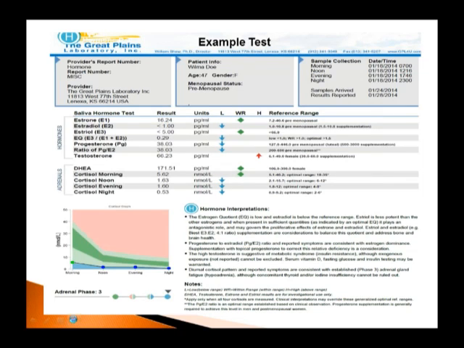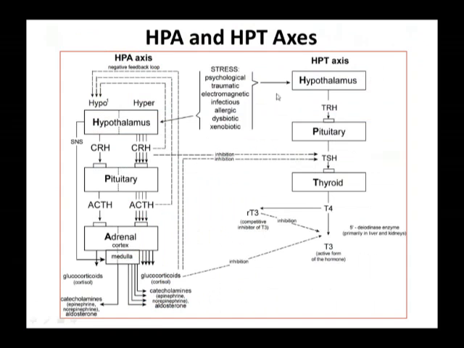Well, the story doesn't end there, because if there is adrenal dysfunction that is being caused by a host of different chronic stressors, then that adrenal dysfunction over time can also alter thyroid function. Unfortunately, this is a concept that's not well understood in traditional medicine.